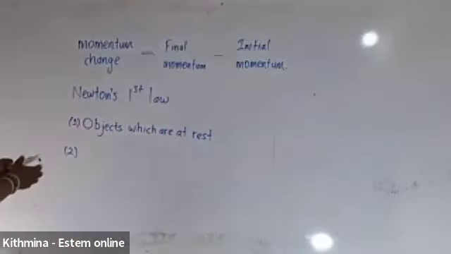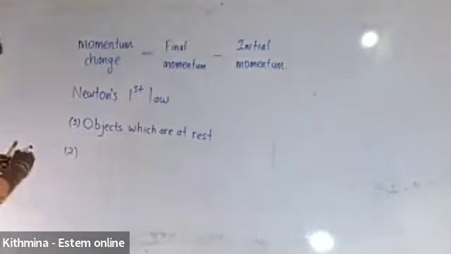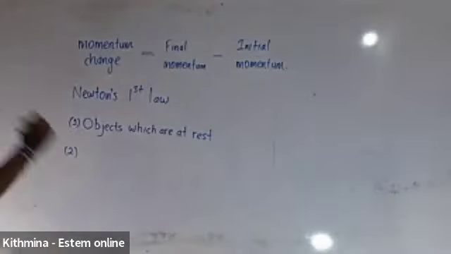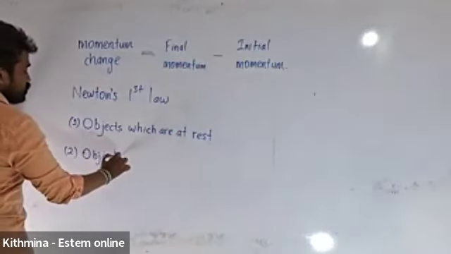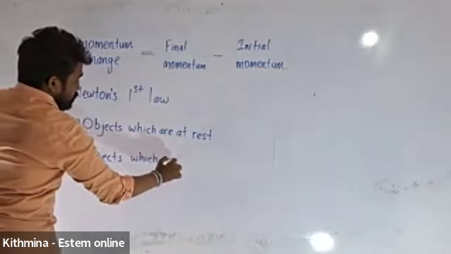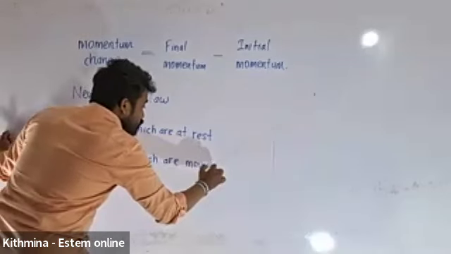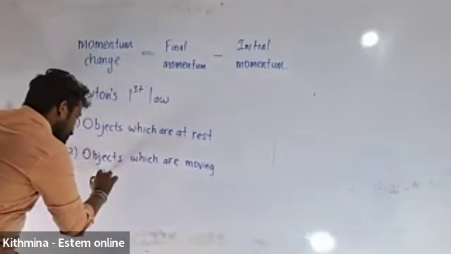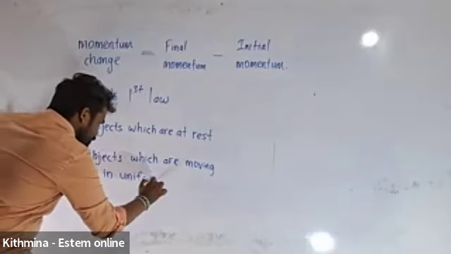Okay. Then in Newton's first law, objects which are at rest. The second thing, objects which are moving in uniform velocity.